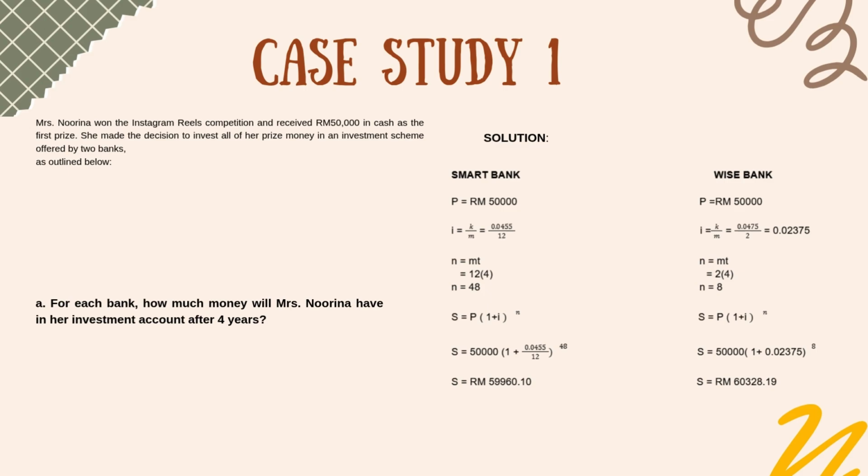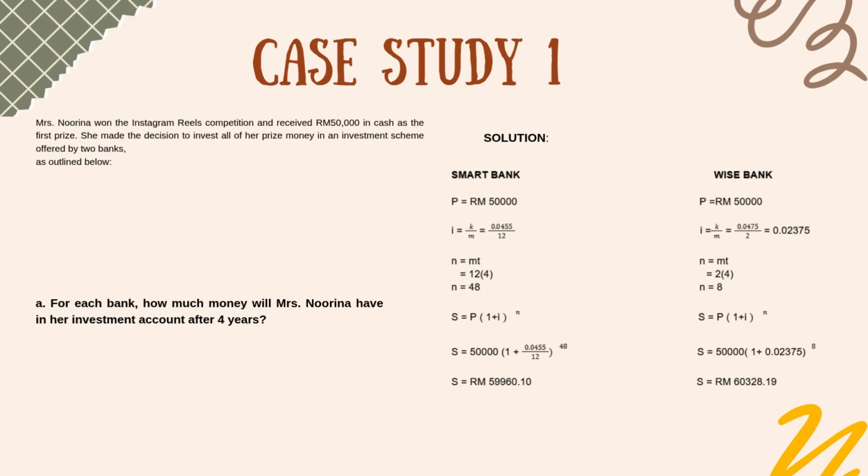After entering the values, we get S equals 50,000(1 plus 0.0455 divided by 12) to the power of 48. The final total for Smart Bank is S equals RM59,916.01.